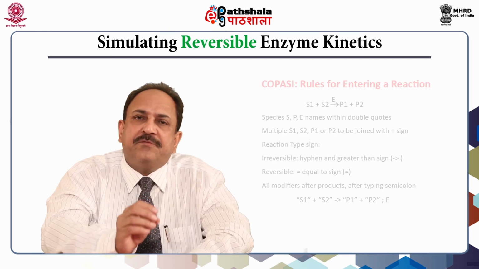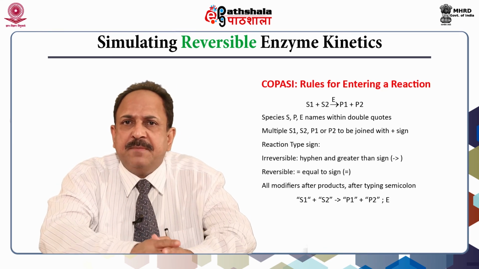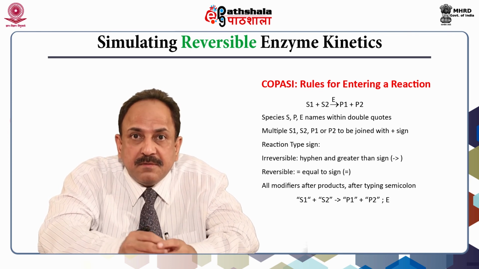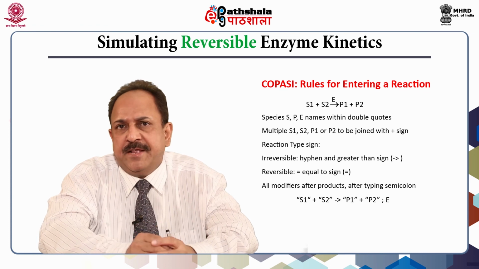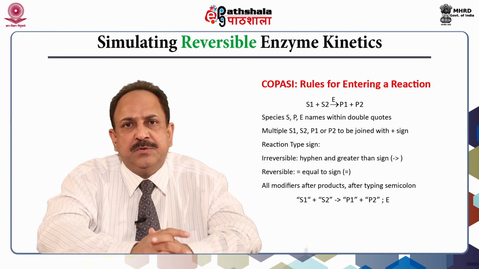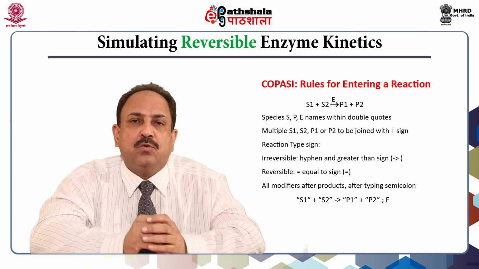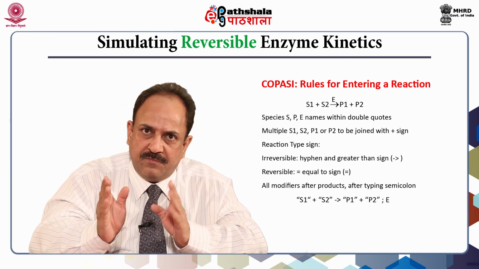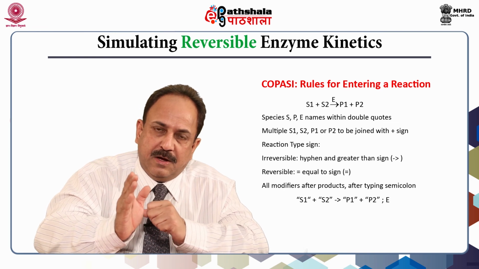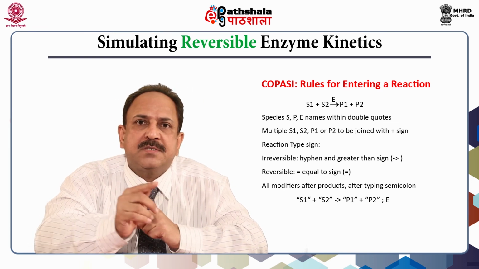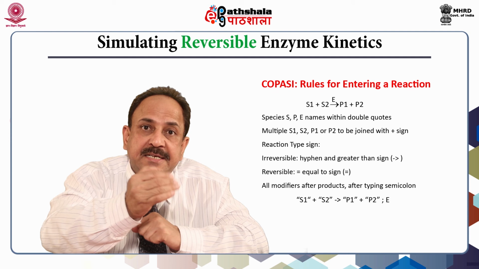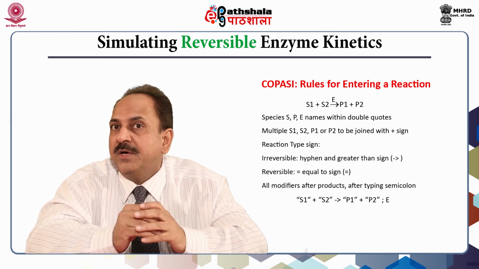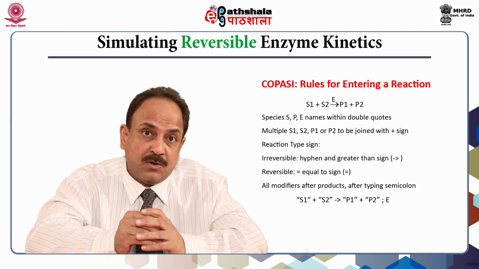The name of the species, any species, may be substrate, product, enzyme, activator, inhibitor, whatever the name, it is to be included within double quotes. That is, when the name of a substrate, let us say glucose 6-phosphate, is to be entered into the reaction, then the name should be included within double quotes.